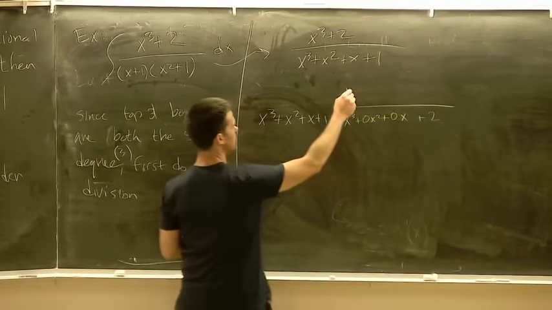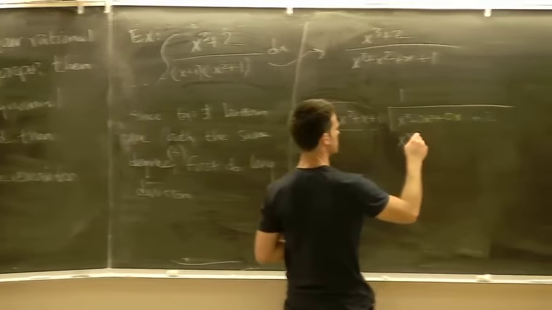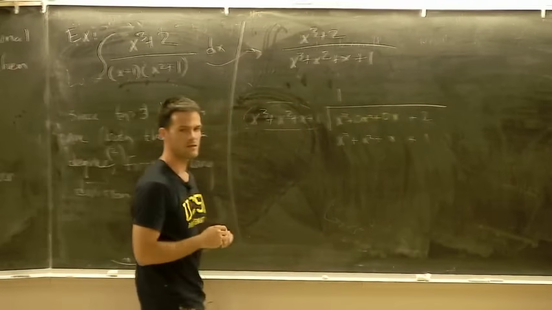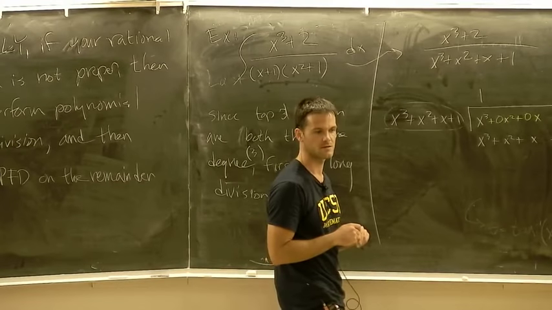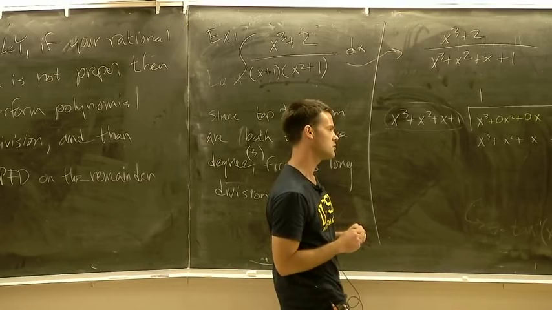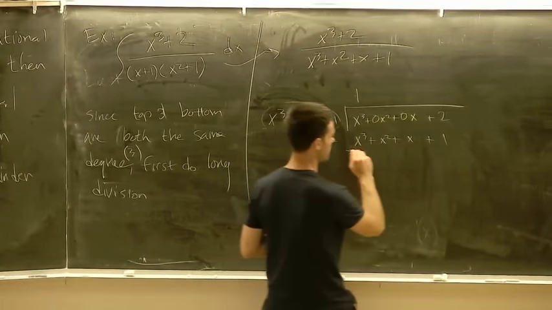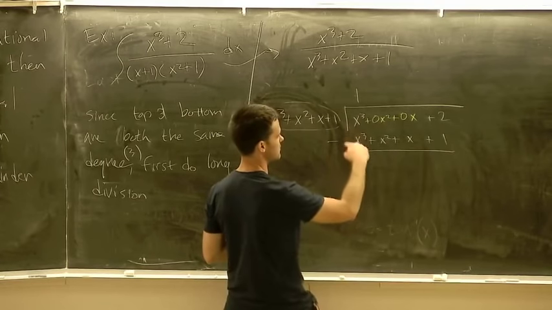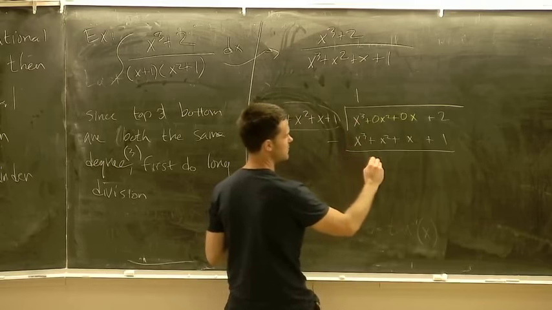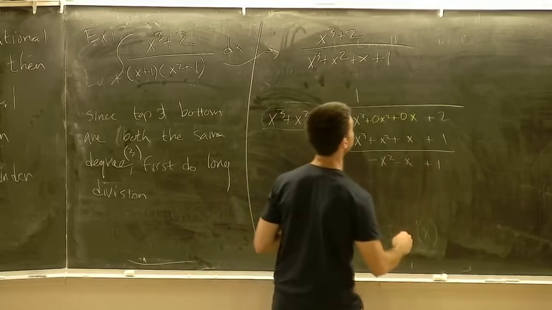here, then multiply that 1 back times this whole expression to get x cubed plus x squared plus x plus 1. Then I add, or subtract, I'm going to say subtract, or add the negative, either one. Okay, so subtracting this from this, the first term cancels out, and I'll get a minus x squared minus x plus 1.